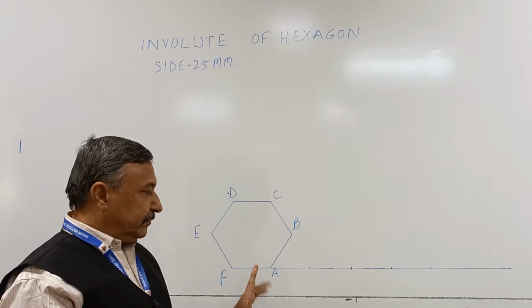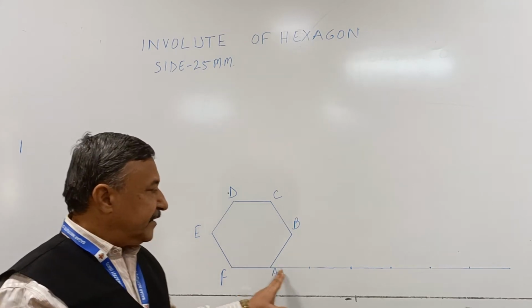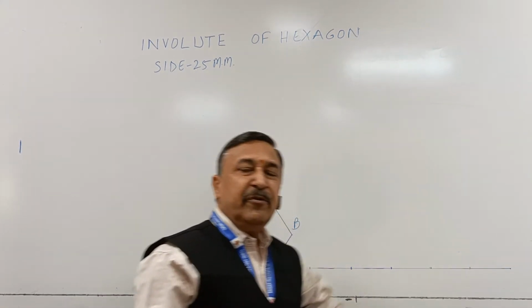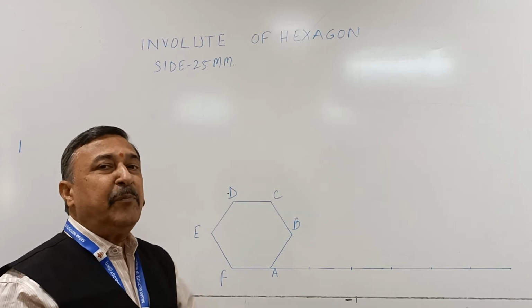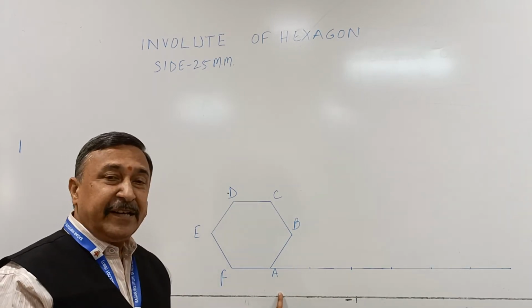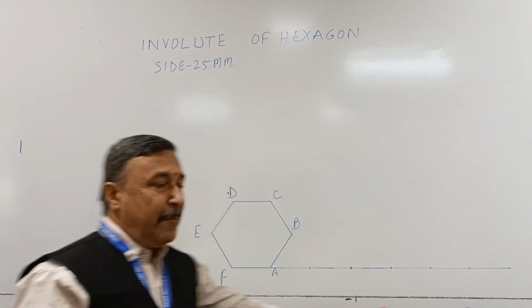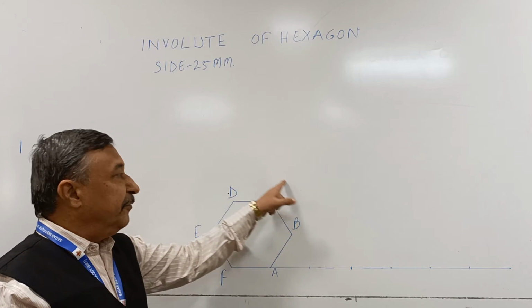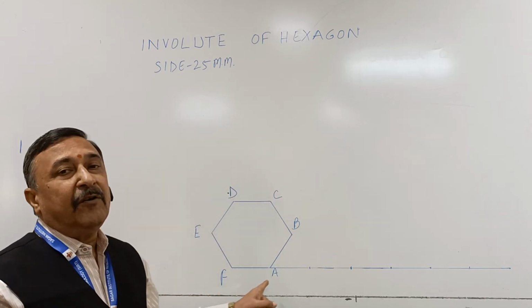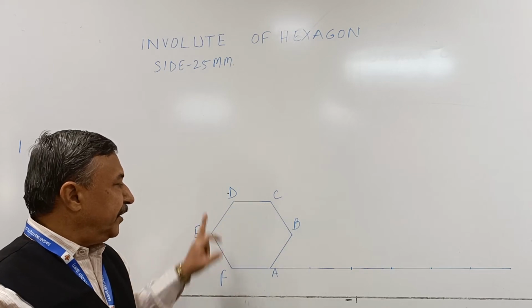Now extend this line. Extend this line up to where we get point P, starting point of involute. In a circle we get a distance 2 pi r here, but in this case we get the perimeter of the hexagon. So 25, 25, 25, 25, 25, 25.